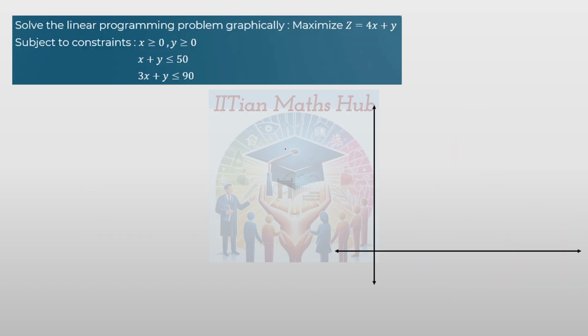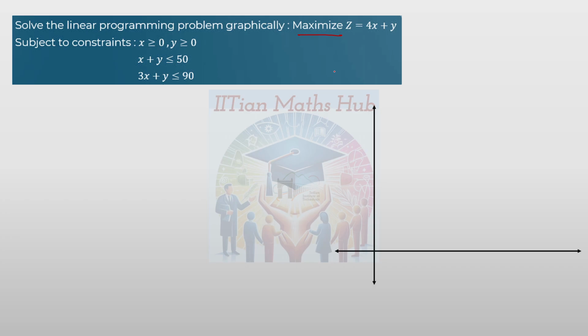You can see here it says solve the linear programming problem graphically. I'm not giving you the word problems initially; everything is given here. The objective function is given, that is, maximize. The objective function will be written as z, and it can be minimize also, it can be maximize also. That will depend on the question.